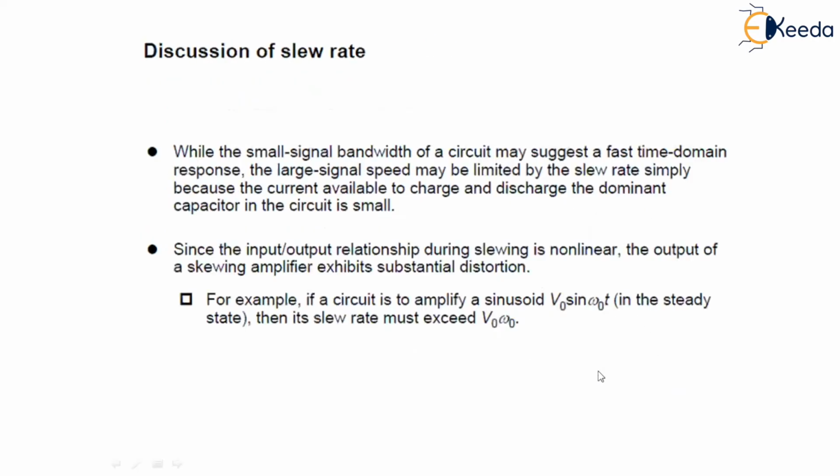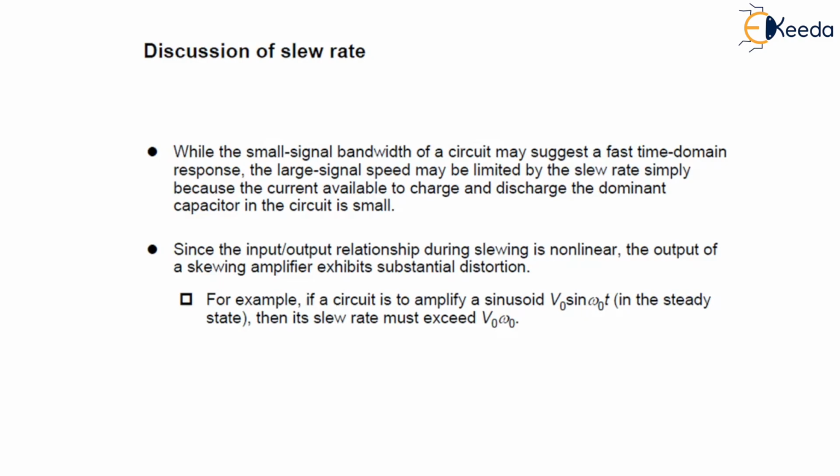This slewing is an undesirable effect in high-speed circuits that process large signals. While the small signal bandwidth of a circuit may suggest a fast time domain response, the large signal speed may be limited by the slew rate, simply because the current available to charge and discharge the dominant capacitor in the circuit is small.